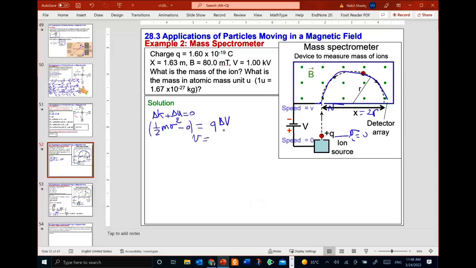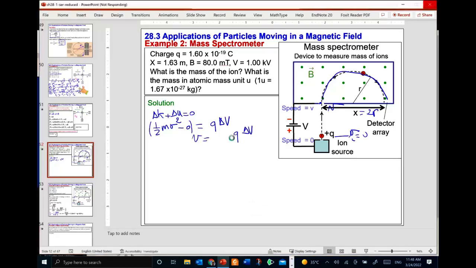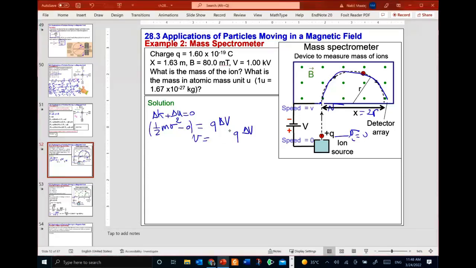So v is going to be the square root of 2 q delta V divided by m. So I have the velocity when it reaches here. Now it's going to experience a constant force. I can write the magnetic force, which is QVB, since B and V are perpendicular to each other.